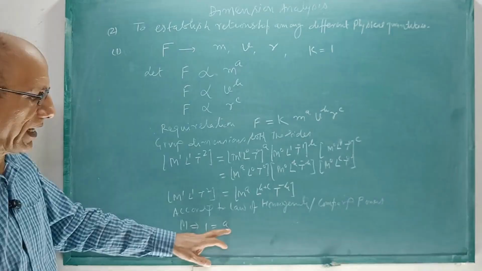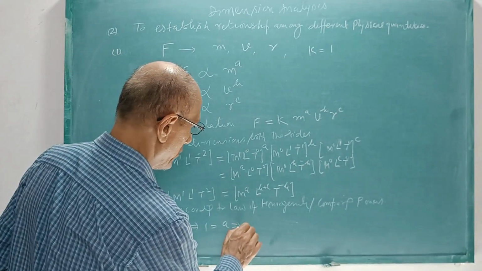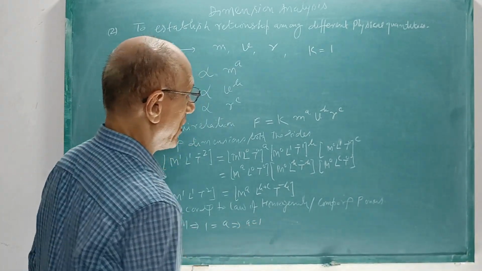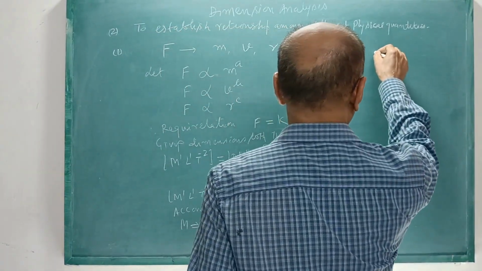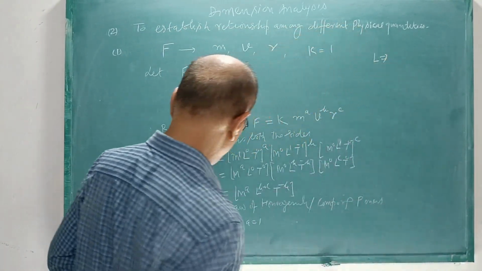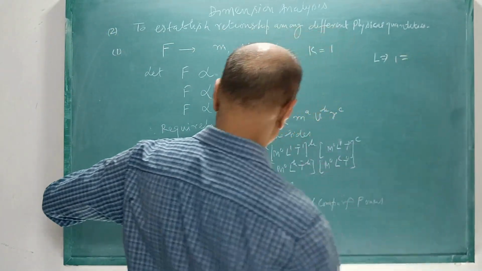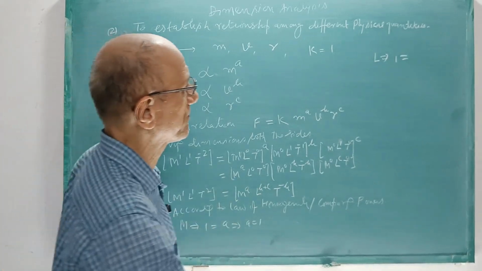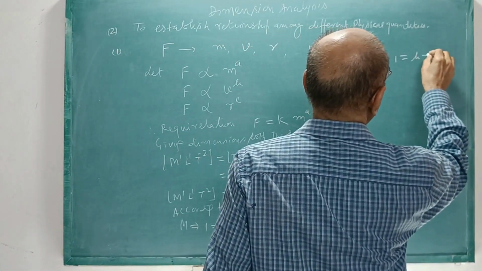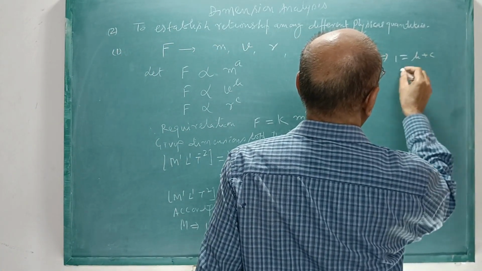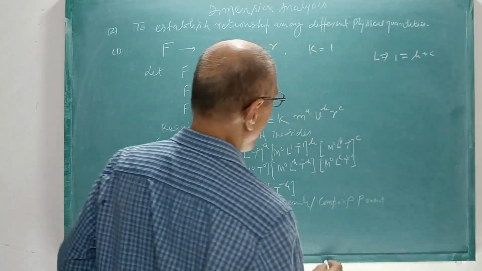So you get a equals 1. Now you can compare the power of L. The power of L is 1 here and that equals b plus c. So b plus c equals 1, and then T.